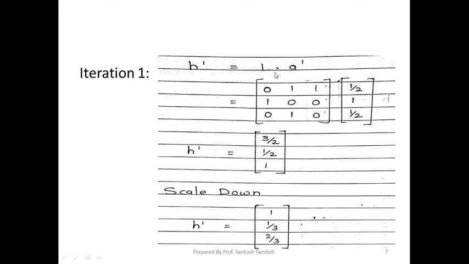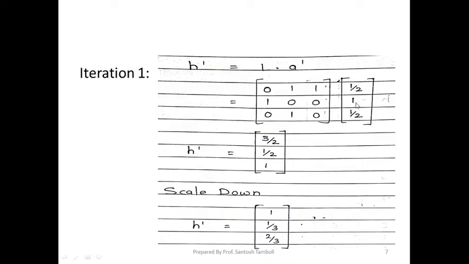So L into A1, where A1 is the value after scale down. L is the link matrix, multiplied by this A1. First row into this column, that means 1 into 1, plus 1 into 1 by 2, add these two, and we get 3 by 2.